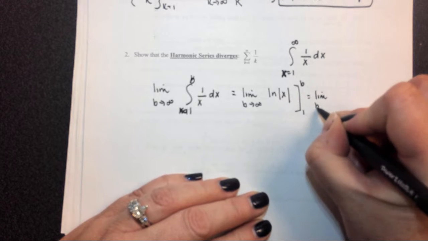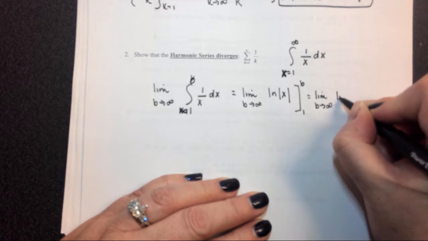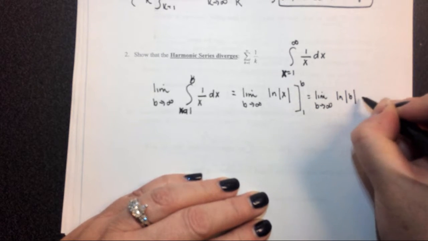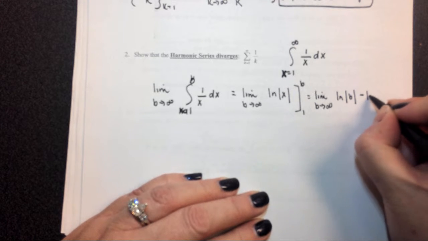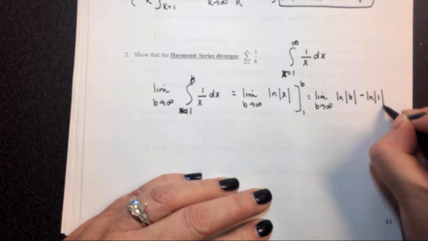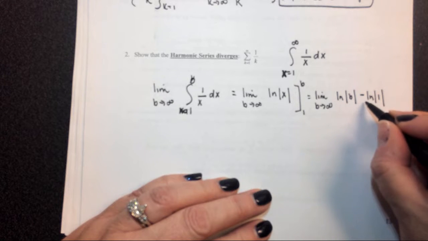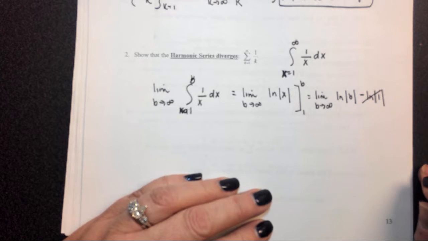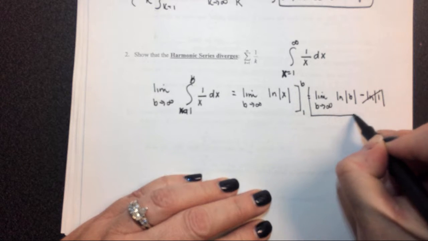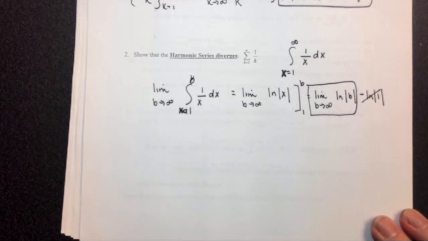So the limit as b approaches infinity of the natural log of the absolute value of b minus the natural log of 1. The natural log of 1 is just going to go away; this is 0. So now the big question is, what is the limit as b approaches infinity of the natural log of b?